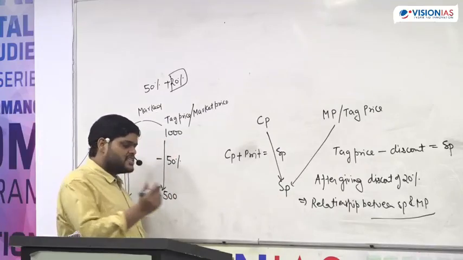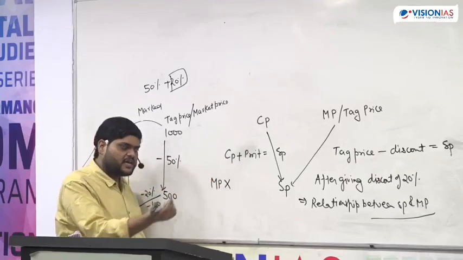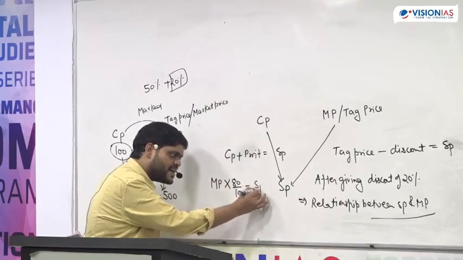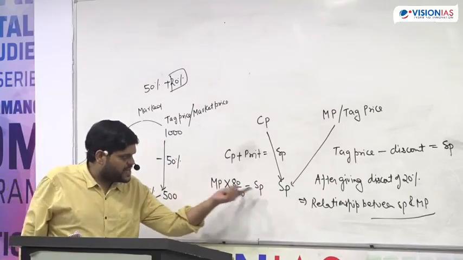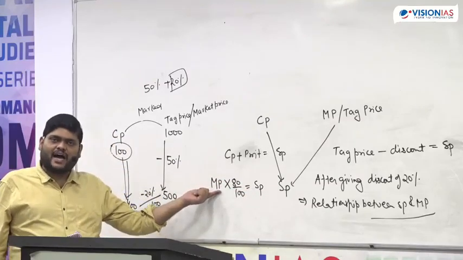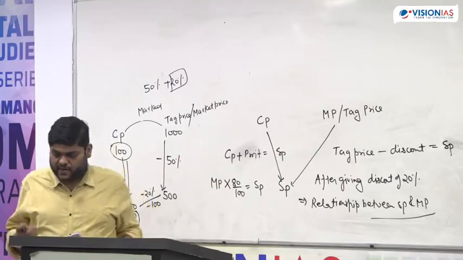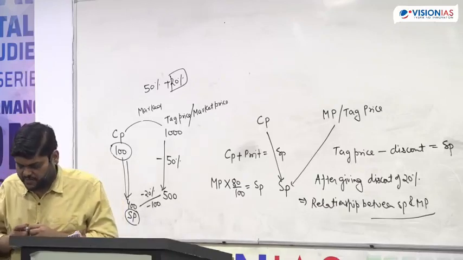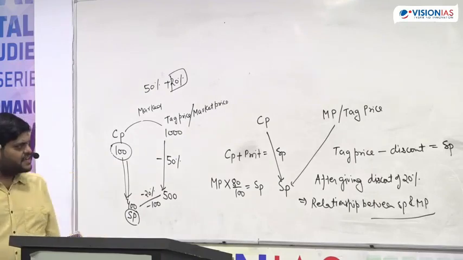If 20% discount is there, that means the mark price is decreased by 20%, so this will become 80%. If discount of 20% is there, that means SP is 20% less than mark price. That means SP is 80% of mark price. Great. If you understand this thing, we can simply answer any of the question. Everybody has given the correct answer.